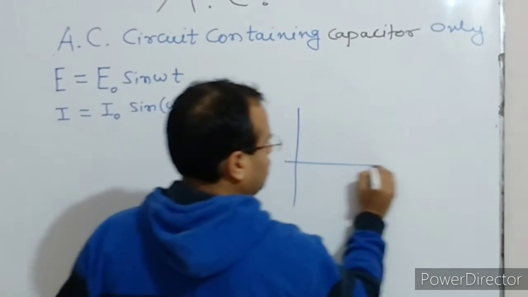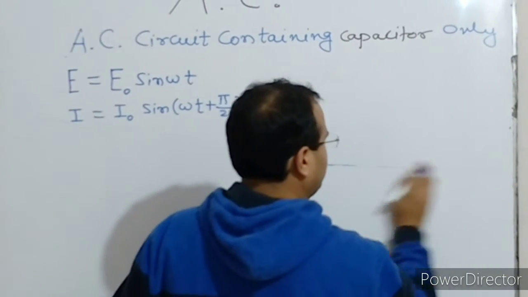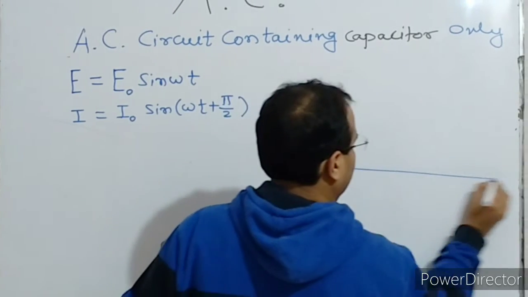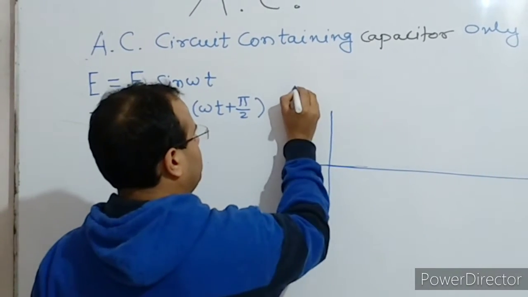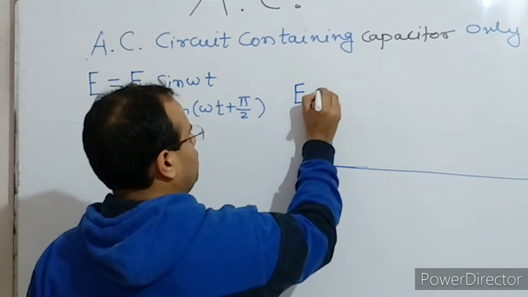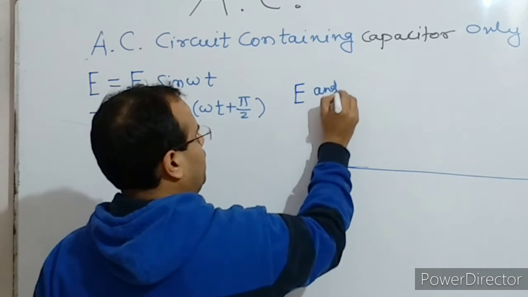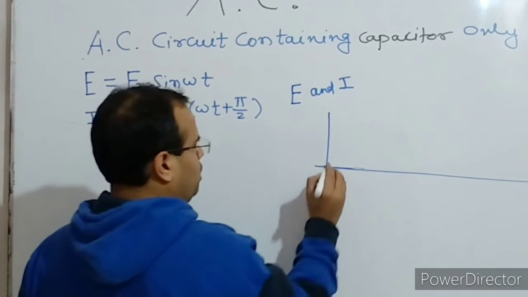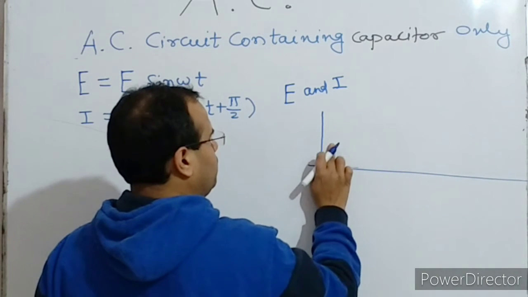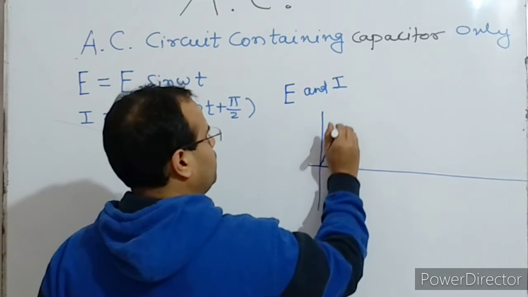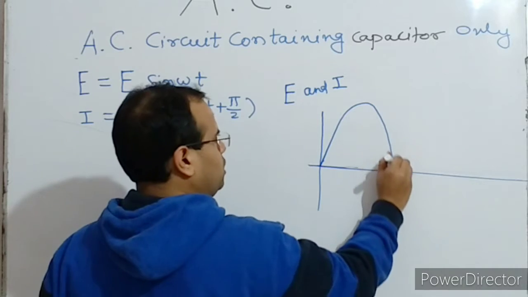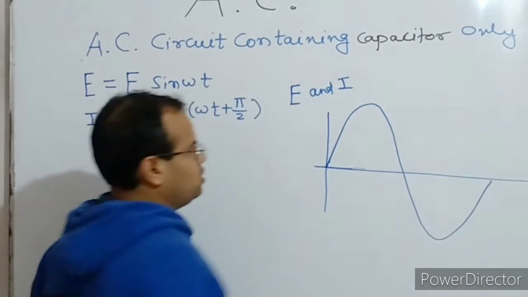As it is mentioned here, the current is leading the EMF, so let it be E and I, both of which we are plotting here. EMF is the simple one, it is the sine curve, so we will plot this first. E is like this.